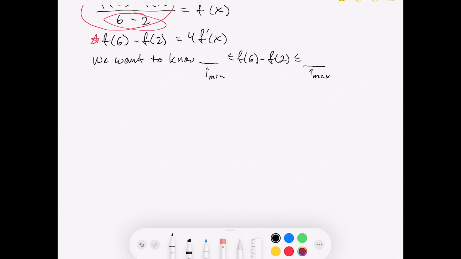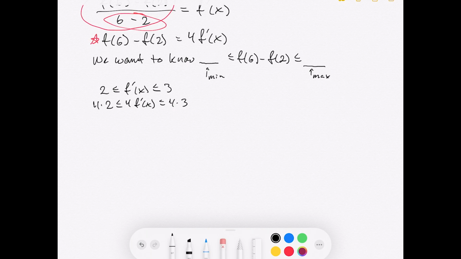It's a constraint that was given to us that said that 2 is less than or equal to the rate of change of our function, which must be less than or equal to 3. And what I'm going to do here is multiply this entire compound inequality by 4. So we've got 4 times the 2 over here, and 4 times f prime of x in the middle is less than or equal to 4 times 3.